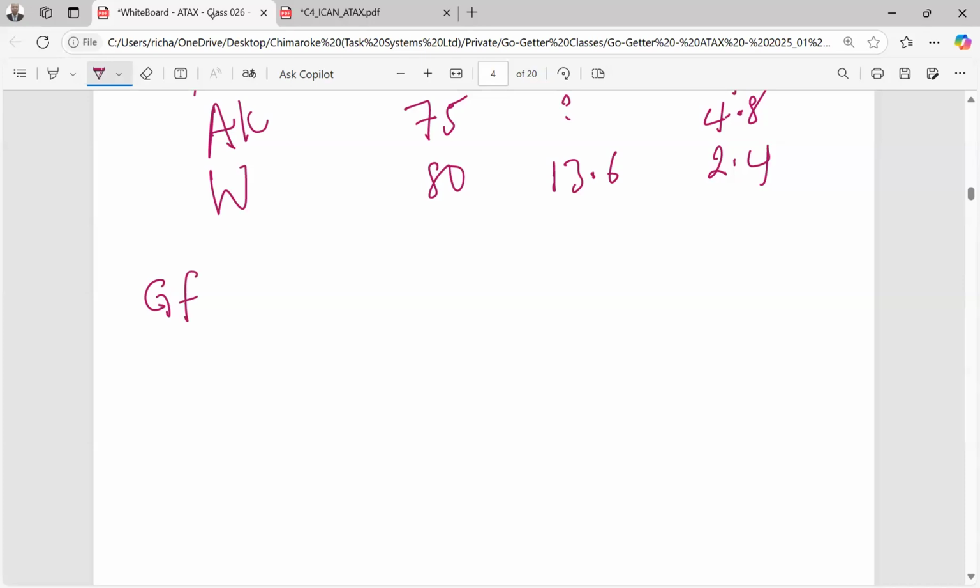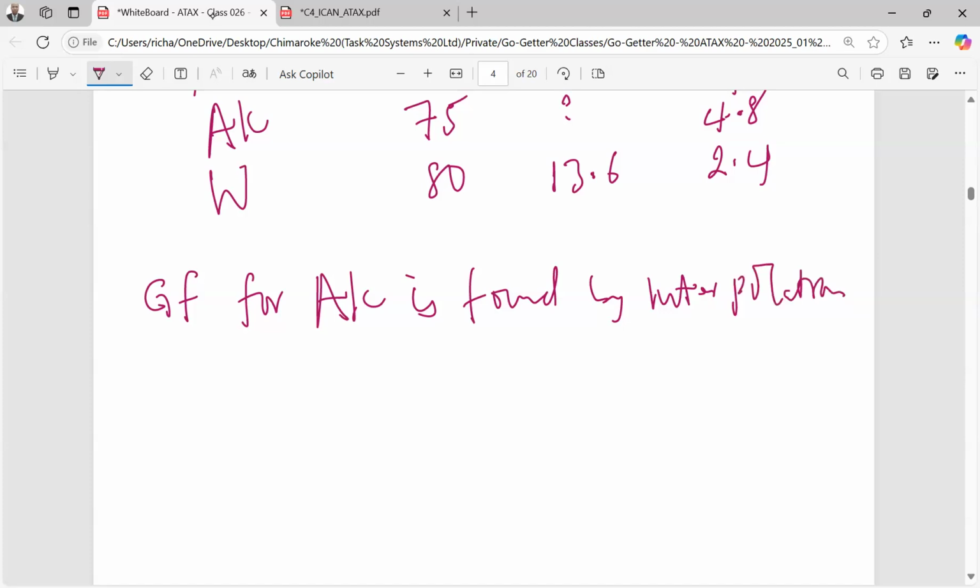The gas factor for AK is found by interpolation. So we'll now say 75 falls between 70 and 80.